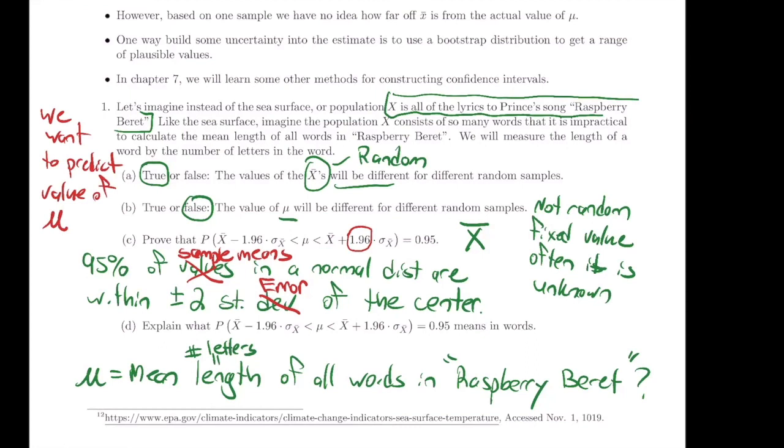So we can use this rule to come up with a sort of interval like this, which is exactly what we've got in the previous one. And yeah, so this is exactly saying that 95% of all of the sample means are going to be within about 2 standard errors of the population mean.